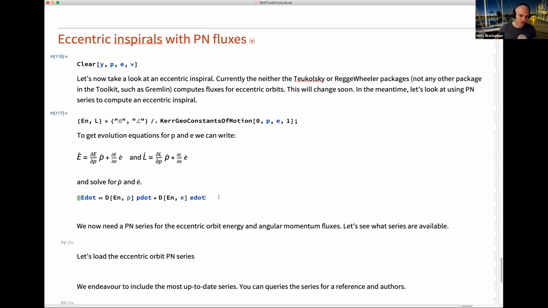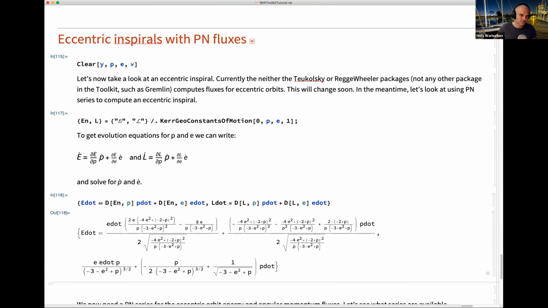And then we have another equation, L dot is equal to the derivative of L with respect to p, times p dot, plus the derivative of L with respect to e, times e dot. So that's our system of equations.